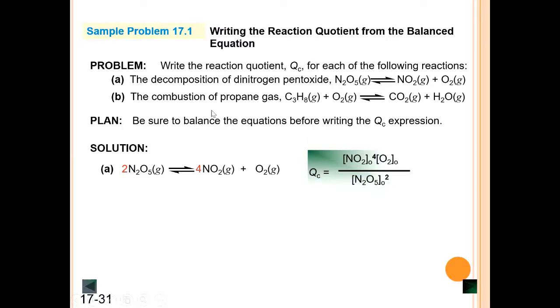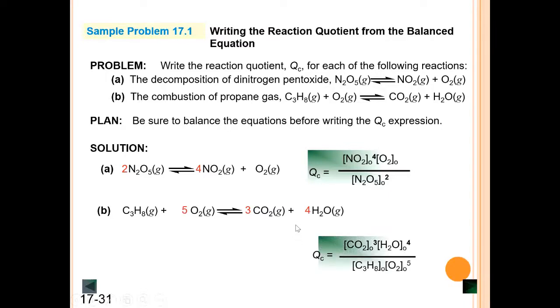The same goes for question B. The first step is to balance the equation. So this is our balanced equation. And the Qc expression is equal to the concentration of CO2 to the power of 3 multiplied by the concentration of H2O to the power of 4, divided by the concentration of C3H8 to the power of 1 multiplied by the concentration of oxygen to the power of 5.